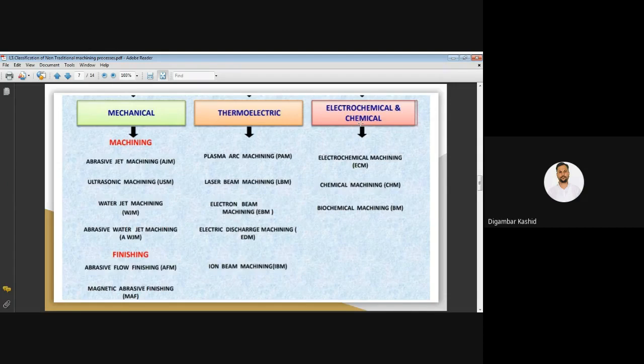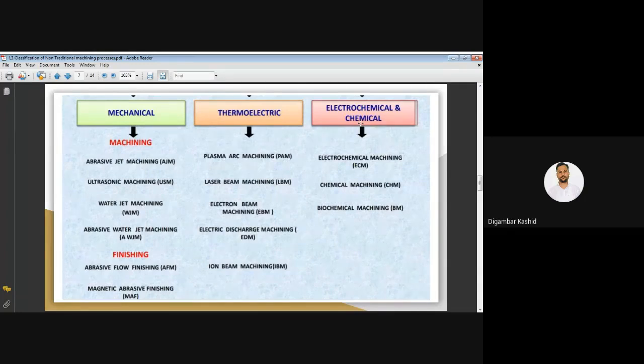For example, if you combine your conventional grinding process along with electrochemical machining, then it is called the electrochemical grinding process.